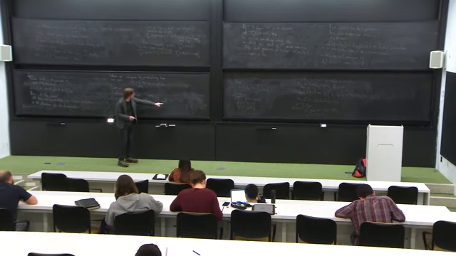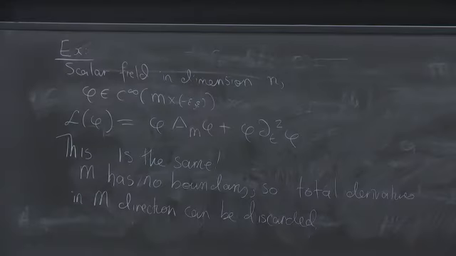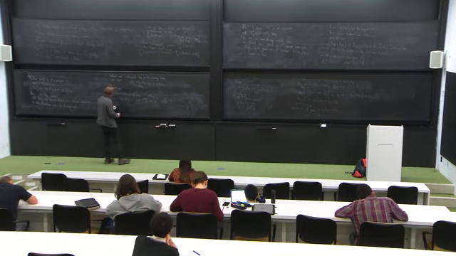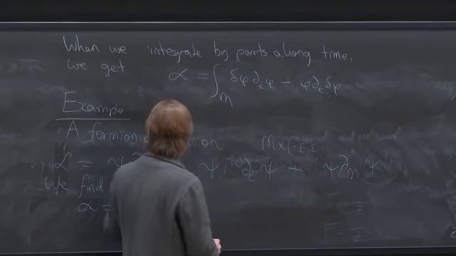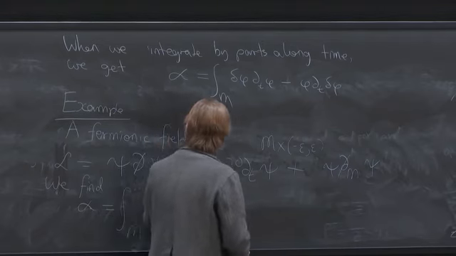So this term has no time derivatives, and this term only has time derivatives. And as a first order derivative, we find alpha, the one form, is the integral around M of psi gamma 0 delta psi.